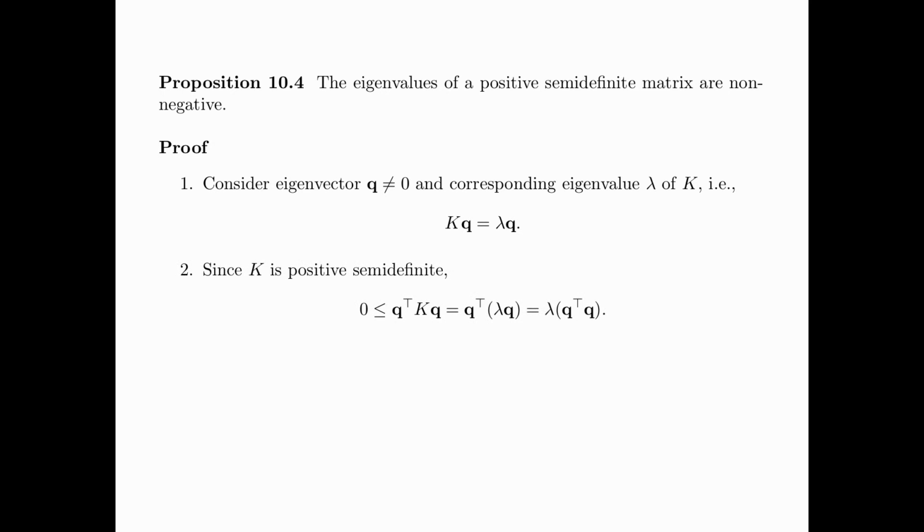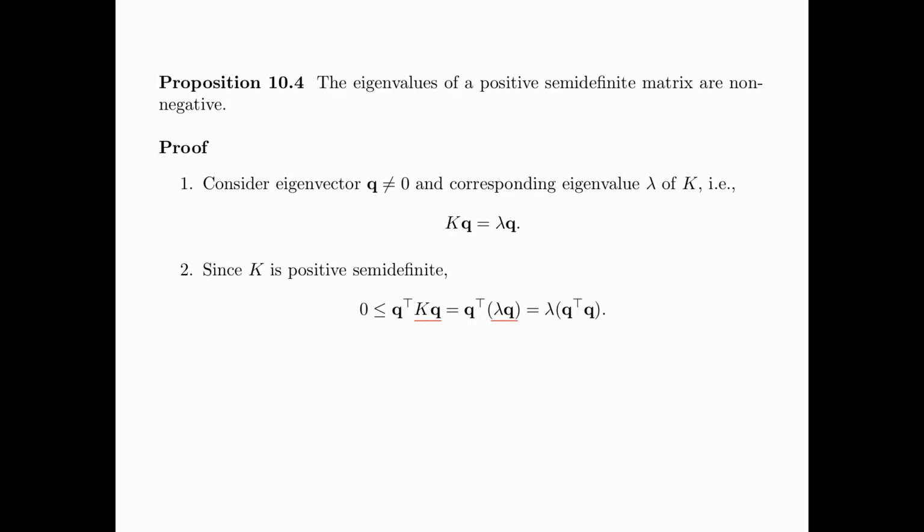Proposition 10.4 says that the eigenvalues of a positive semi-definite matrix are non-negative. Consider eigenvector Q, which is non-zero, and the corresponding eigenvalue lambda of a positive semi-definite matrix K. That is, KQ is equal to lambda Q. Since K is positive semi-definite, Q transpose times K times Q is greater than or equal to 0.